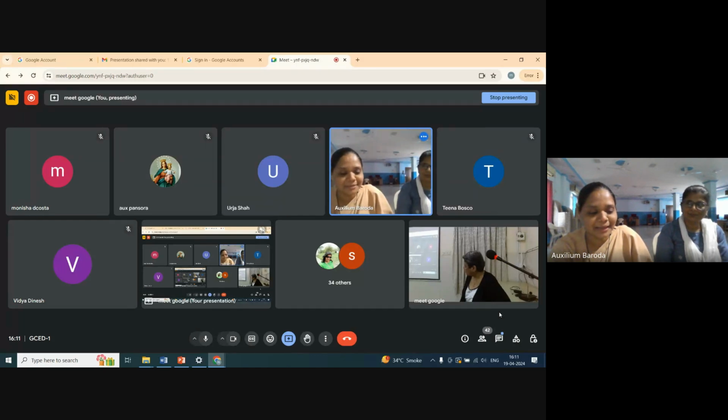And the learning outcomes based on the content. First we looked at 3 main learning outcomes. Because they're standard 6 students, they're a little small, we thought of identifying renewable and non-renewable resources. Our first learning outcome is we want them to be able to identify or differentiate between renewable and non-renewable resources.